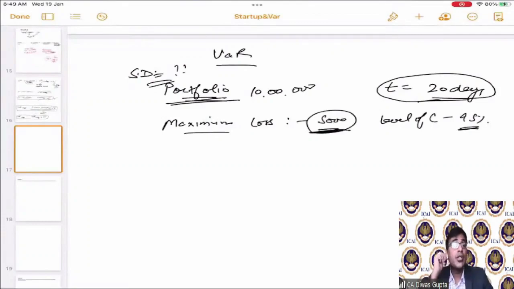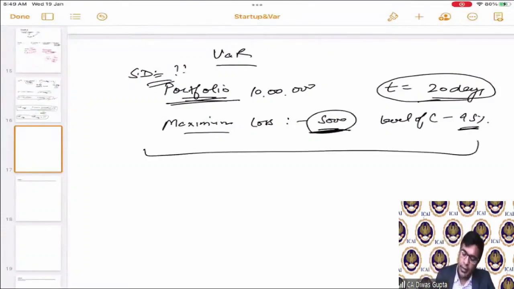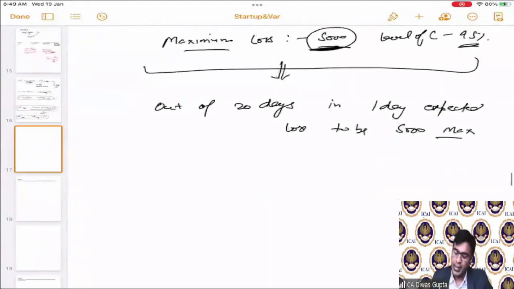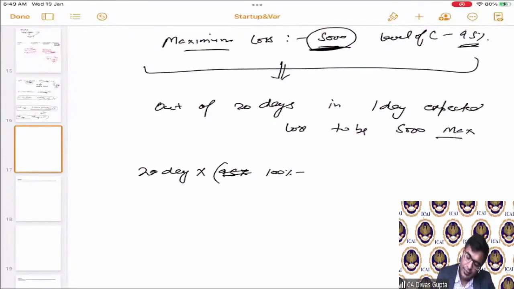Now, how does this company use this information? Can I also say that out of 20 days, in 1 day, I can expect the loss to be 5,000? How have I calculated 1 day? I have taken 20 days and multiplied by 100% minus 95%, so I have multiplied it with the level of significance.